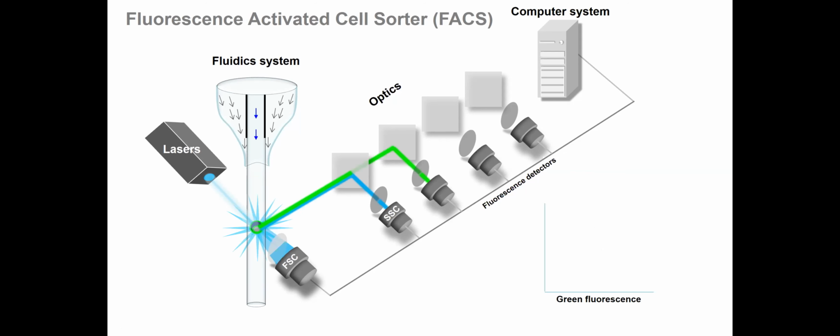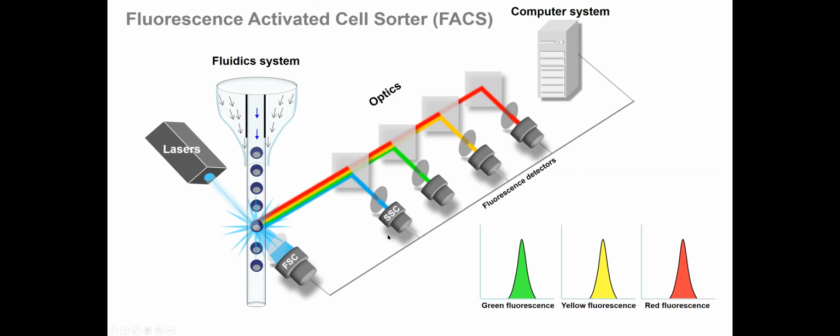These green cells can give the information of this green signal here. Okay. Now, if that antibody is labeled with the red color, now it can give you the red color signal here. Or maybe different color, let's just say green color, yellow color, red color. Now you can get different information of the cells.